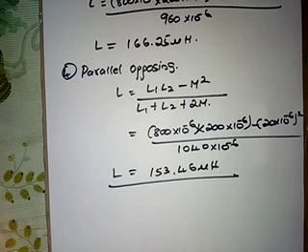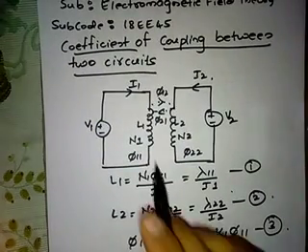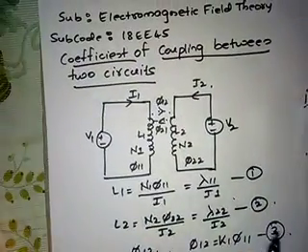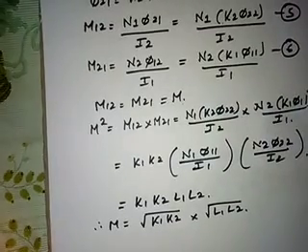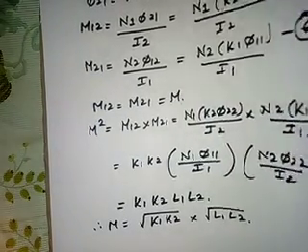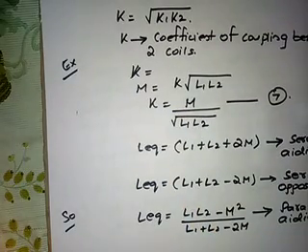So in this class we have studied the topic on coefficient of coupling between two circuits, right? And we derived the equation for coefficient of coupling. What is the equation for K here?